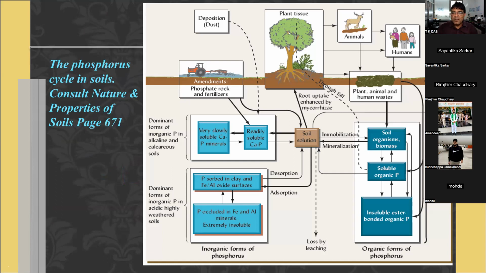These are the two things. And the third important thing is how it is made available to the plant. In the soil phosphorus cycle, you have only three things: where it is coming from, the sources; where it is going, the losses; and how it is being made available to the plant.